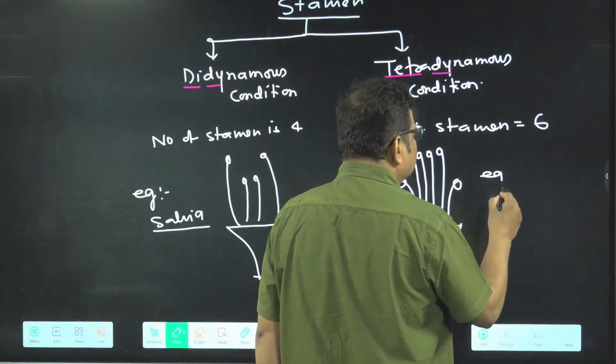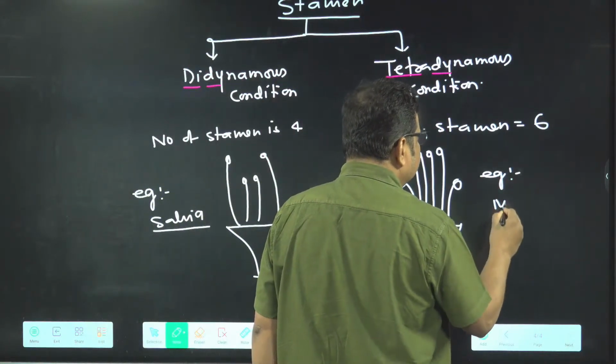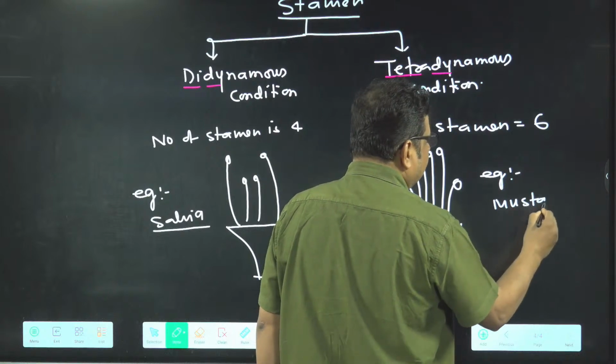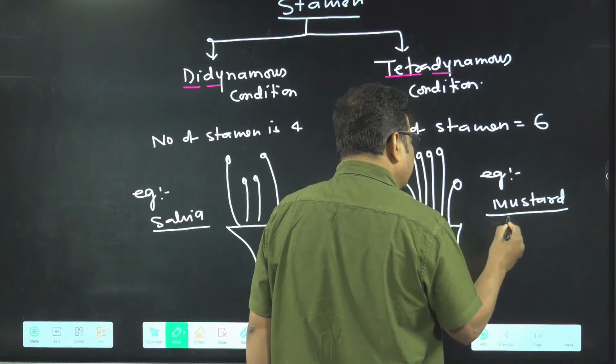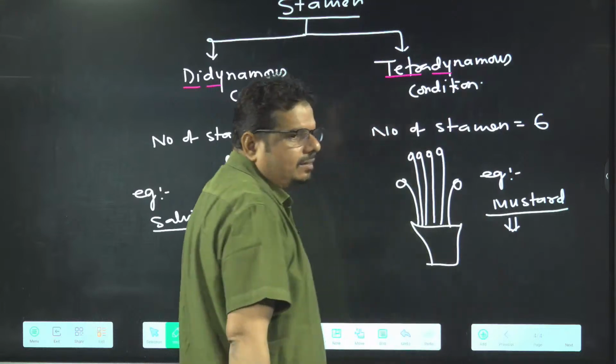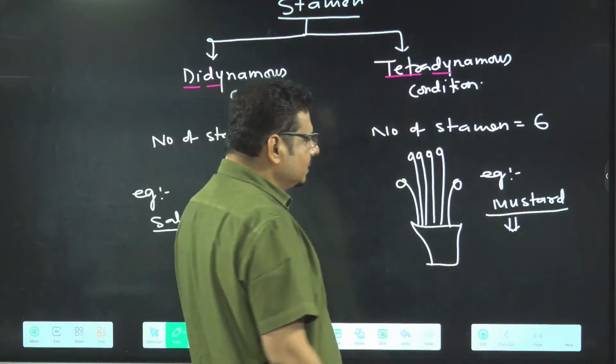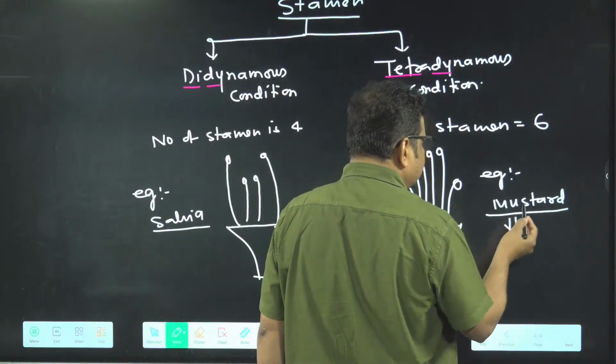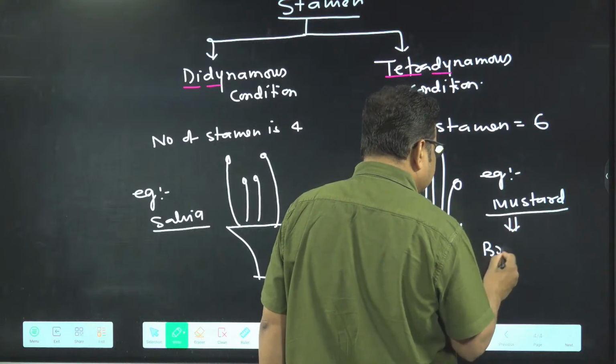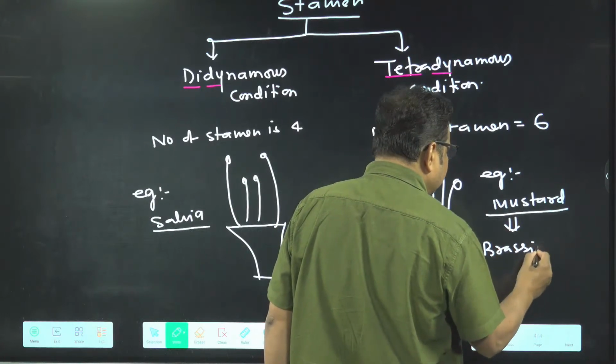So it is Tetradynamous condition. If you talk about the example, it is mustard. Mustard belongs to which family? All the members of the mustard family will show such a condition. So Tetradynamous condition belongs to the mustard family, that is the Brassicaceae family.